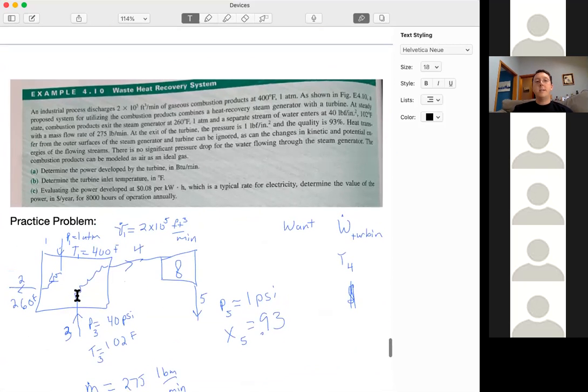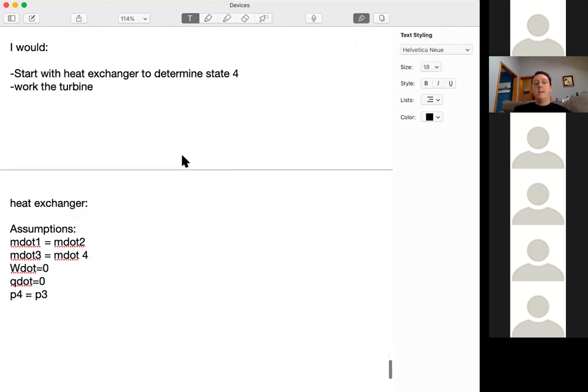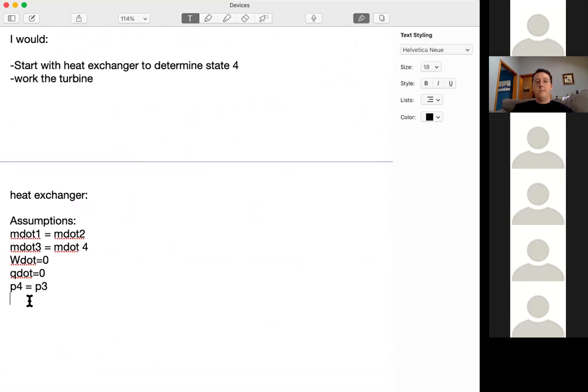The other thing that the problem tells you, which I said very quickly, but I'll reiterate it here. The combustion, the smoke, can be modeled as air as an ideal gas. So that means we model smoke as air, ideal gas.